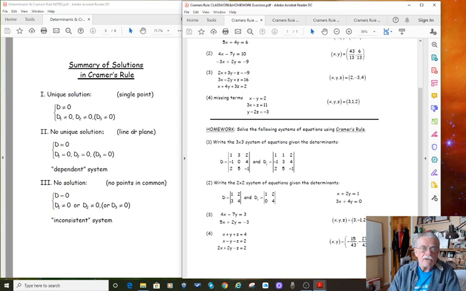And we don't get a unique solution, we get a line or a plane if this occurs. It's called a dependent system. And an inconsistent system is when you have no points in common. So you can take a look at this and just go through with the geometric diagrams I provided when we first began to solve systems of equations.